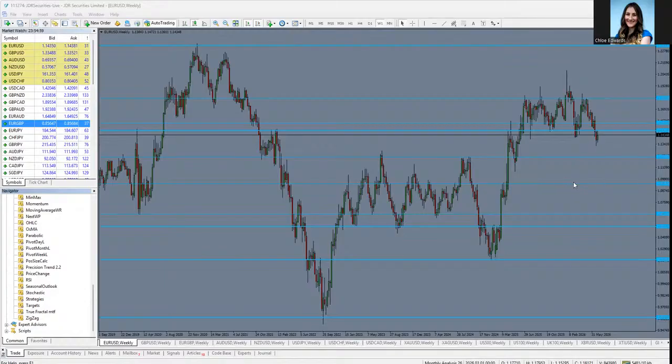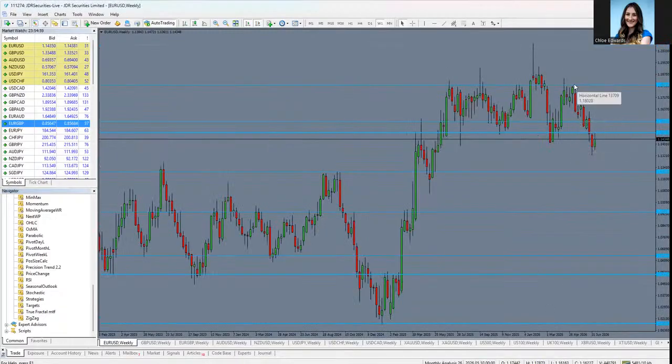So, starting off with euro dollar, this is the weekly chart of euro dollar. What we can see here is lower highs and lower lows on the weekly time frame.